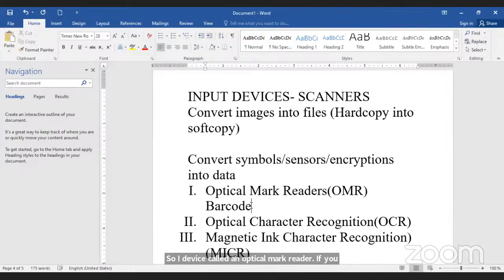So a device called an optical mark reader usually converts the mark into computer readable data. The reader detects the presence or absence of a mark on a form by sensing the reflected infrared light. The software in the reader interprets the marks into meaningful characters, which can be passed to the computer for storage and analysis. So it means that the reader can detect, it can recognize, and it also saves a lot of work.